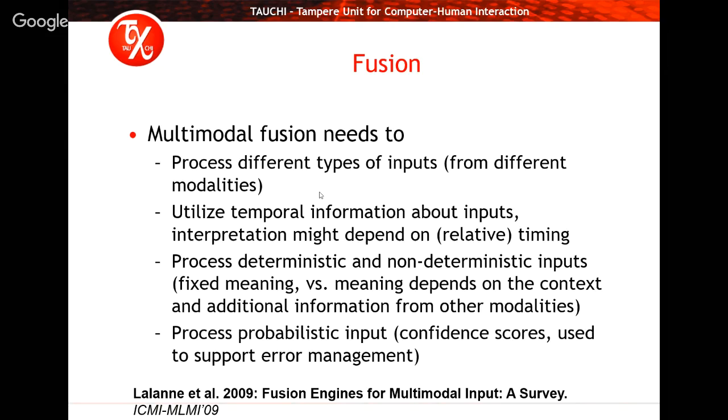This might not actually work very well in real life because we don't align our speech and gestures quite as precisely when communicating, especially very fluently. If you're talking to somebody else, you might say "put that there", and by the time I have said "there" and finished that word, only then might my hand actually reach the final point. So something smarter might be needed. But the critical point is that timing information is something that the fusion needs to consider.